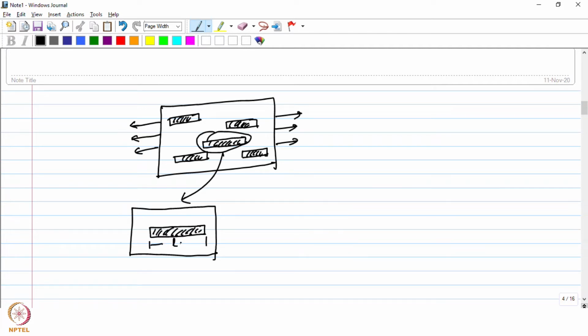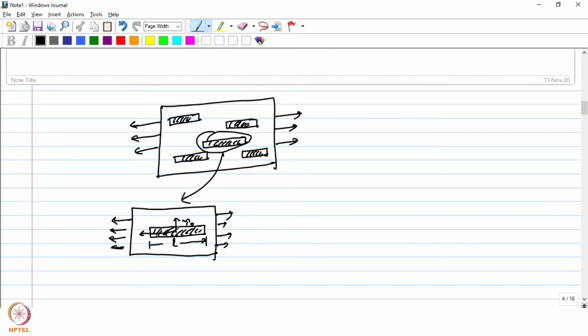And let L be the length of the fiber. So as I said before, the fiber will be subjected to a normal stress, and as the load is transferred to the fibers through the interface, there will be a shear stress developed along the interface.